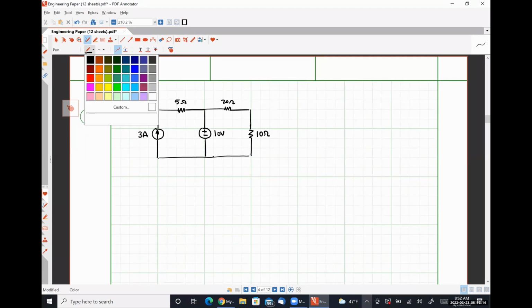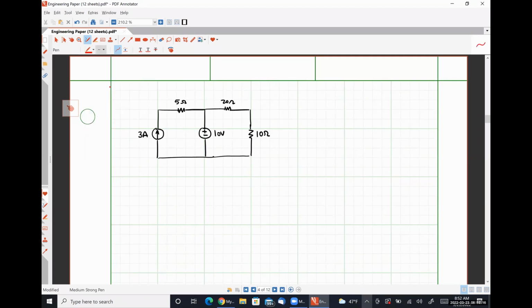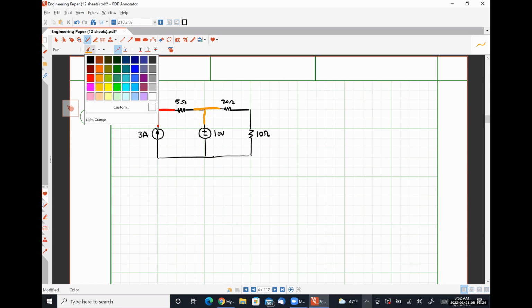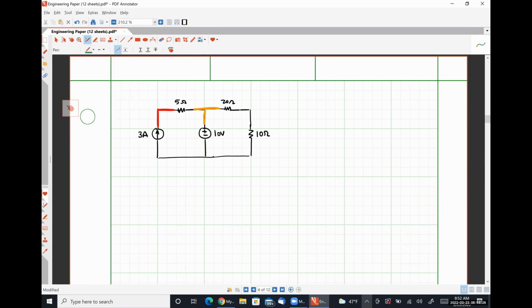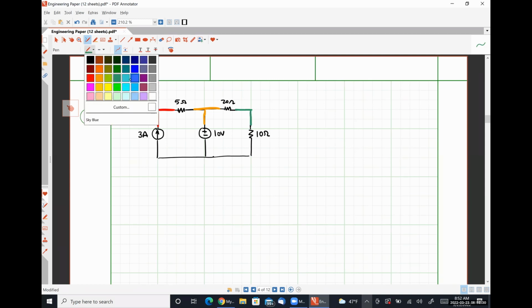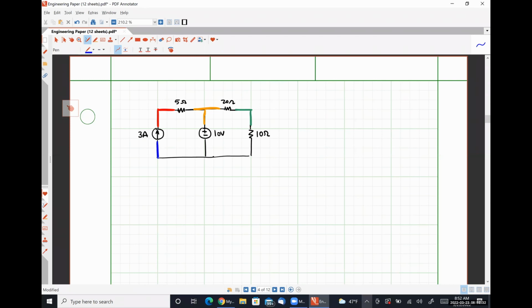So I'm going to identify my nodes. There's 1. There's 2. There's 3. And here's 4.